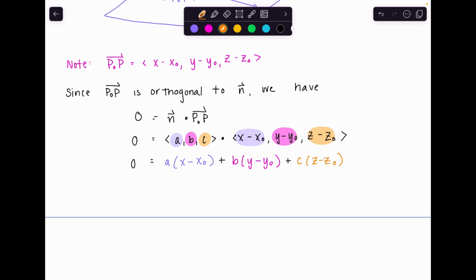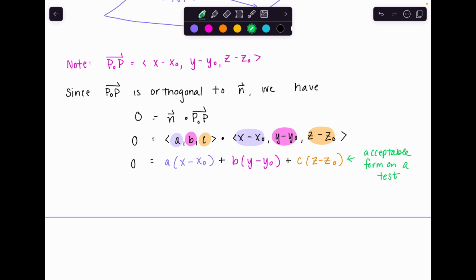So this is the equation of our plane. If you left it here on a test, perfectly fine. If you're asked to come up with the equation of the plane, absolutely leave it like this.